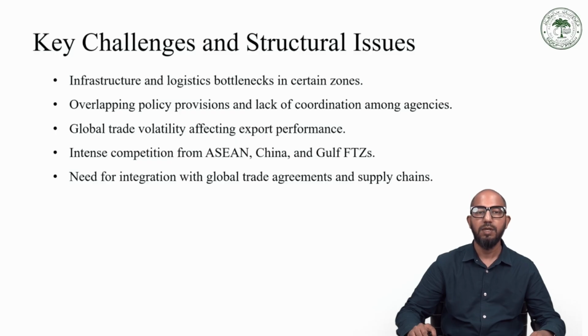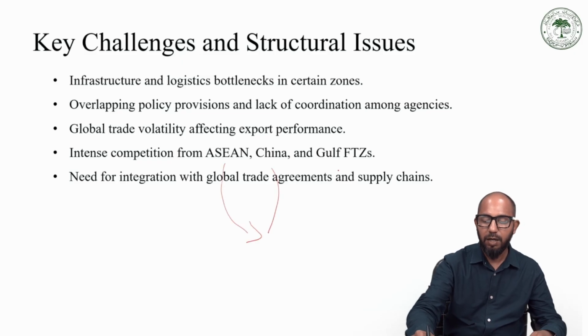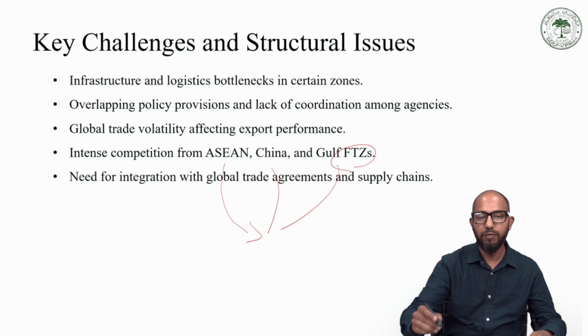The third is global trade volatility, which affects export performance. Global trade is volatile because of geopolitical, economic, and different social factors. The fourth is intense competition from ASEAN, that is Association of Southeast Asian Nations, China, and Gulf Free Trade Zones.